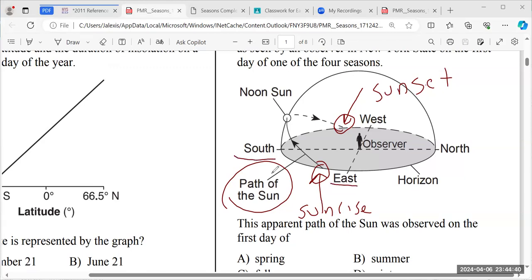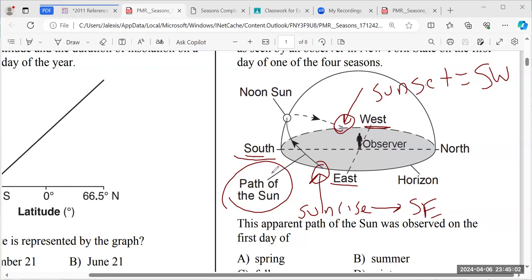So that means the sun is rising southeast. And the sun is setting between south and west, southwest. So sunrise is occurring southeast and sunset is occurring southwest. On which day does that happen?